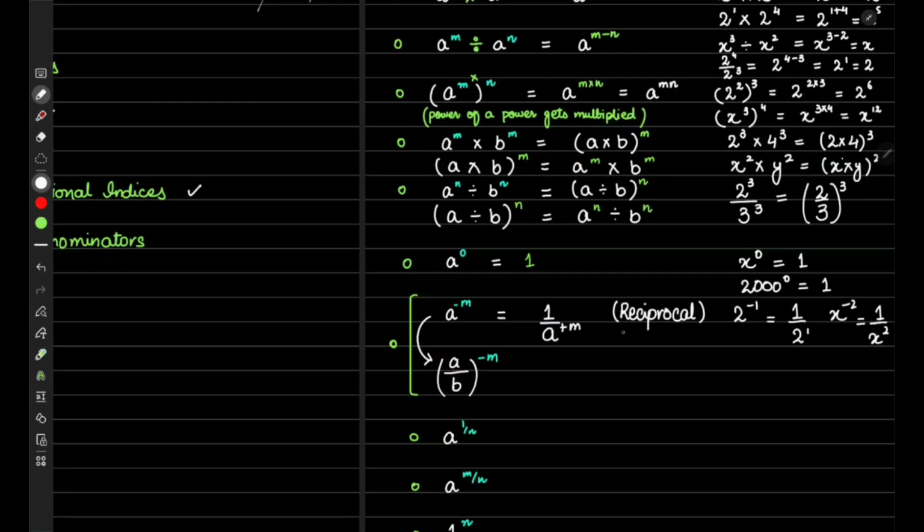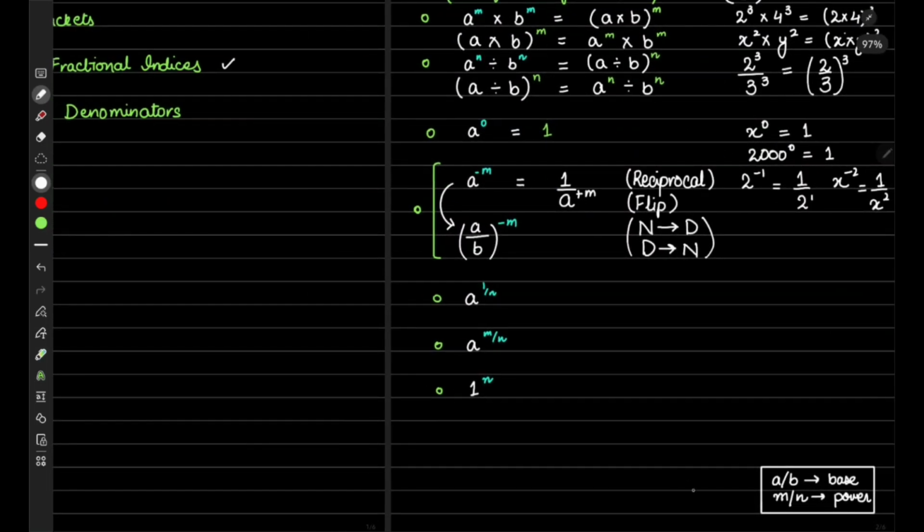You do the reciprocal, you flip the fraction, meaning the numerator becomes the denominator and the denominator becomes the numerator. What is the numerator and what is the denominator? The numerator is the upper part of the fraction.